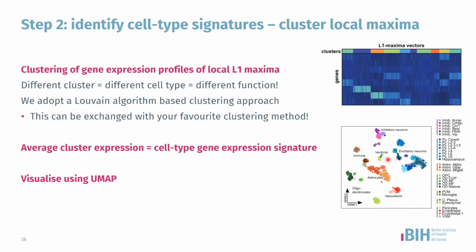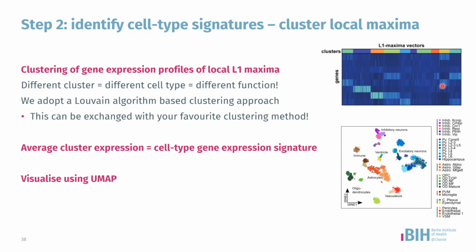If any of you have worked with single cell data, we would typically apply a clustering method. I think at the moment we're using Louvain, but we can easily switch to other methodologies for clustering, such as Leiden. And then we would calculate per cluster or per cell type an average gene expression profile, and then map this back to the tissue.